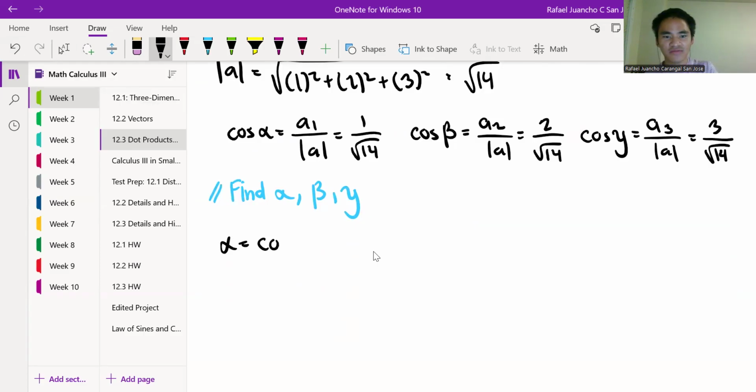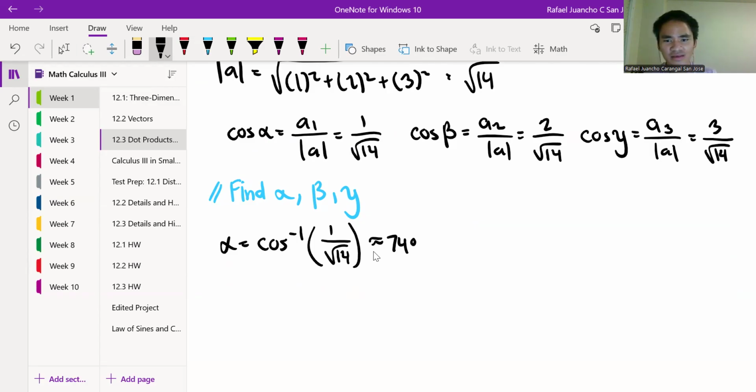So alpha is just the arc cosine of 1 over square root of 14, which is approximately 74 degrees. If I did not mess up the math. Oops. Or I mean my calculator. Yeah, it's about 74 degrees or 74.5, 74.